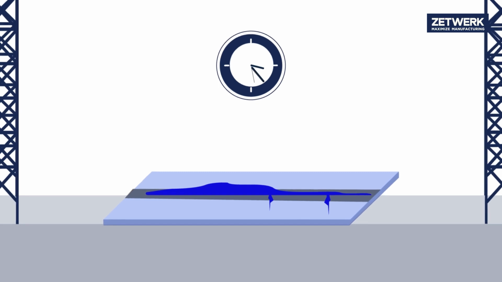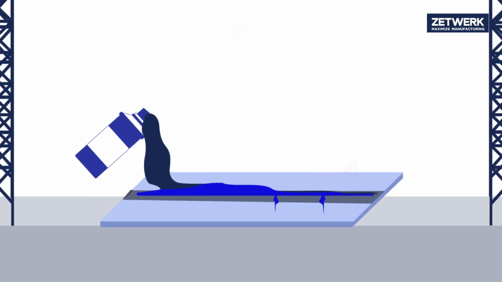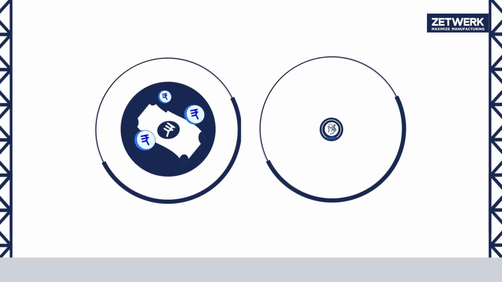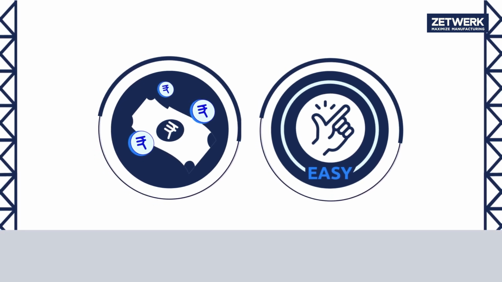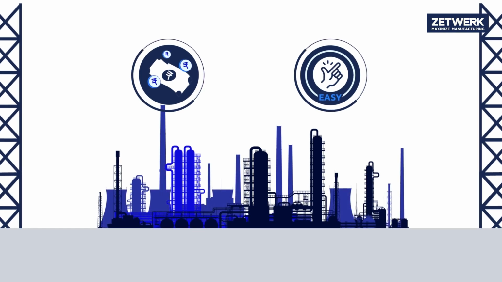Once the dye is given enough time to soak, it is combined with the developer to see the discontinuities in the surface that will appear in the color of the penetrant dye.